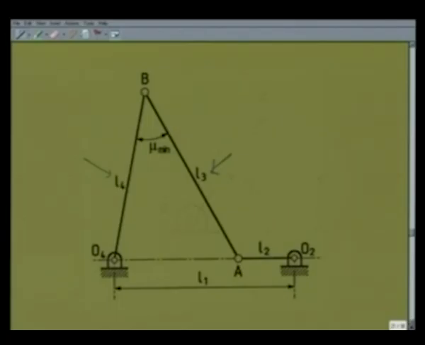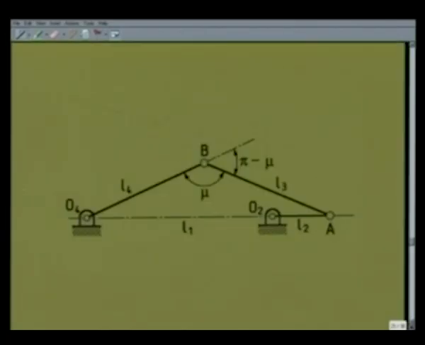However, in another situation, we see that the crank O2A is again along the frame line O4 O2, and the angle between the coupler and the follower, that is this angle, is more than 90 degree. So here we will define pi minus mu as my transmission angle. It will always take the acute angle, and this angle is minimized when O2A is along the line of frame.